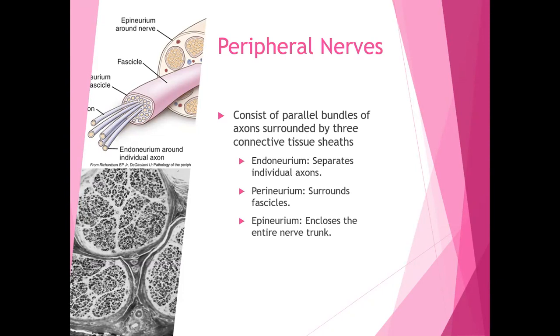Connective tissues of the neural sheaths protect the axons and the supporting cells, the glia, and they also support mechanical changes in length that nerves undergo during movement. So when we move, our nerves have to stretch and lengthen and shorten, and they're supposed to.